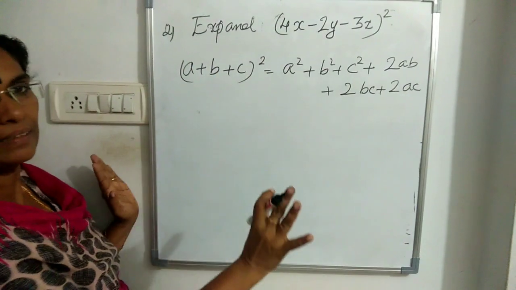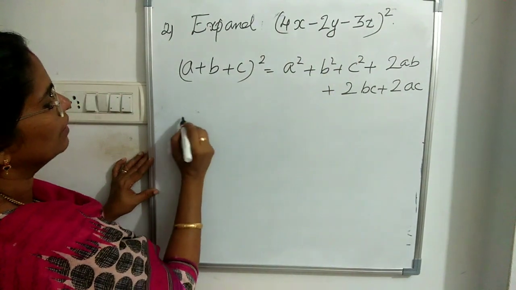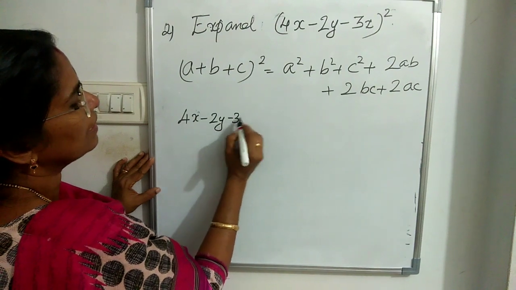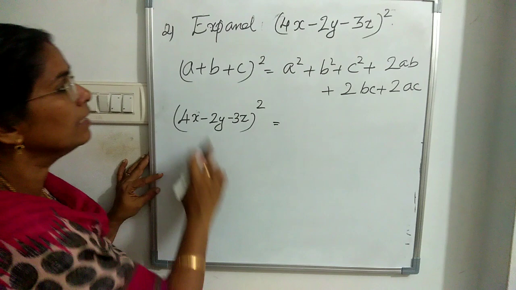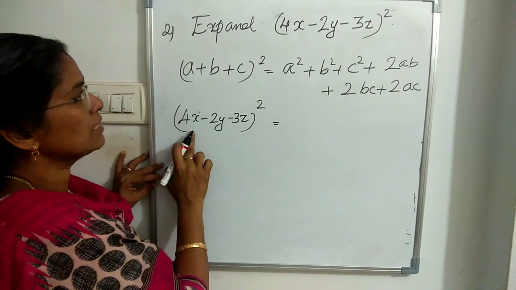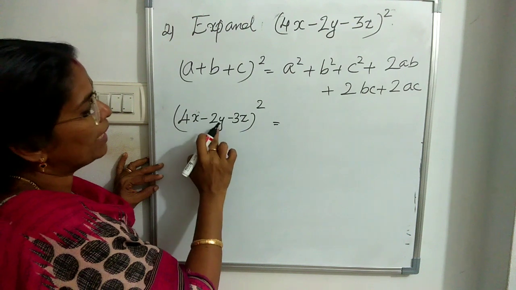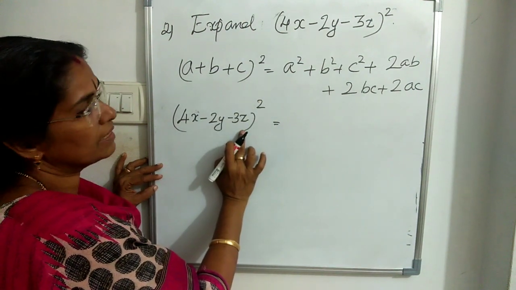Okay. After that, write the given question: (4x - 2y - 3z) square. Now instead of a, 4x. Instead of b, that is the confusion, it is minus 2y, and instead of c, it is minus 3z.